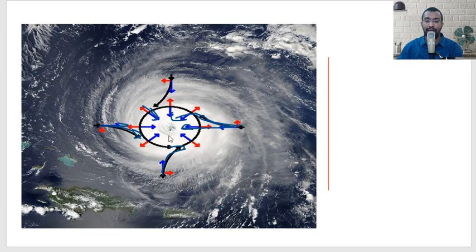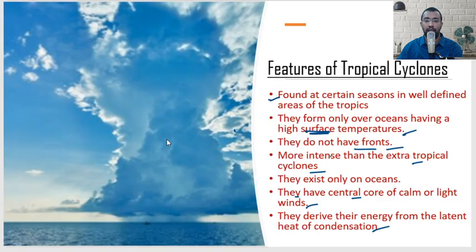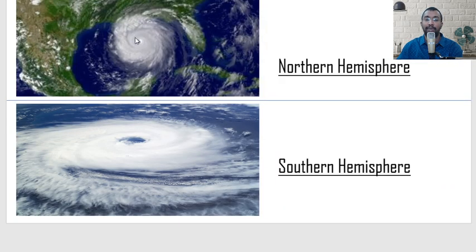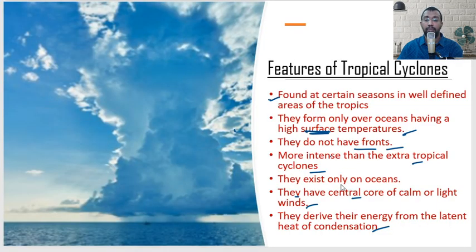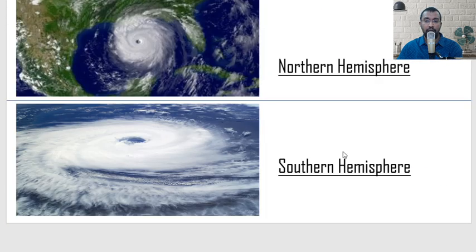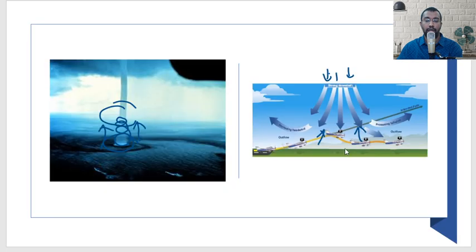The eye should be very clear. It's something like this. The eye is very clear over here. So there are no cloud formations because there is no vertical updraft of air molecules nor horizontal movement of air molecules, and there is calm. So the calm or light winds are there, and the central core is very calm. What is the central core? The eye.